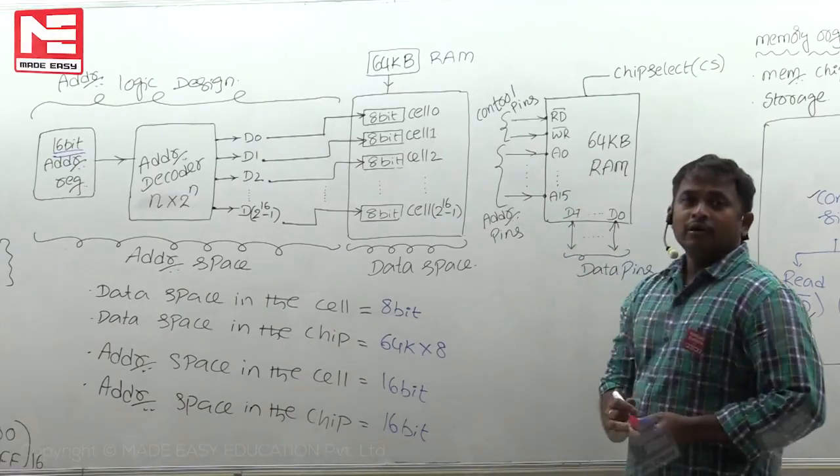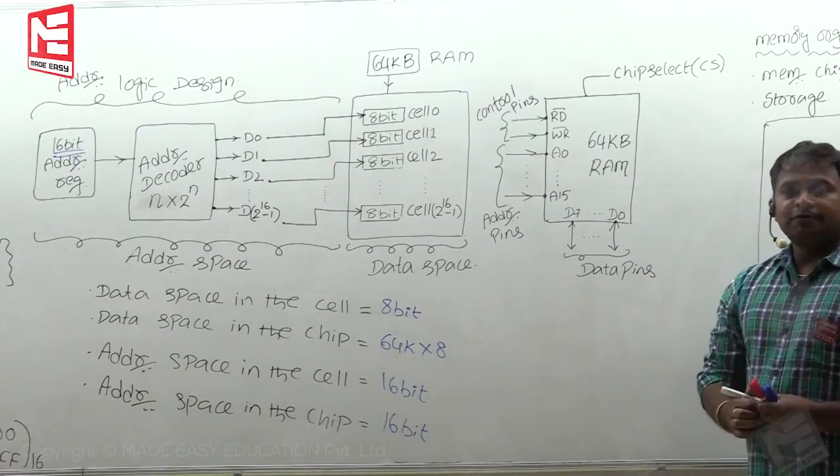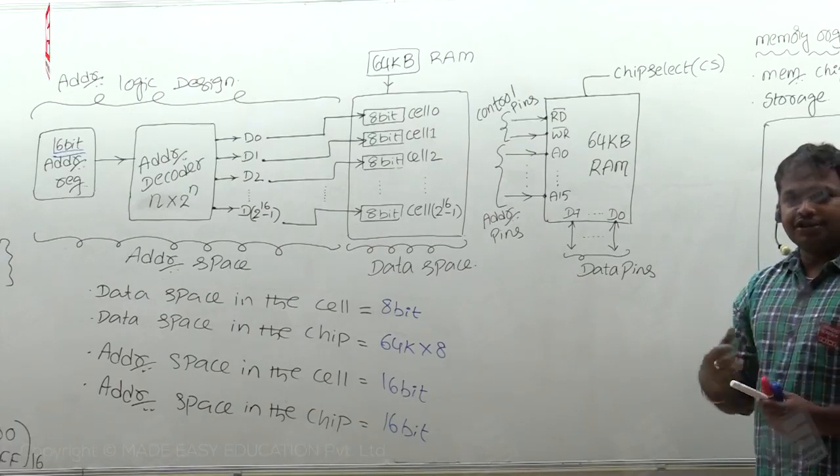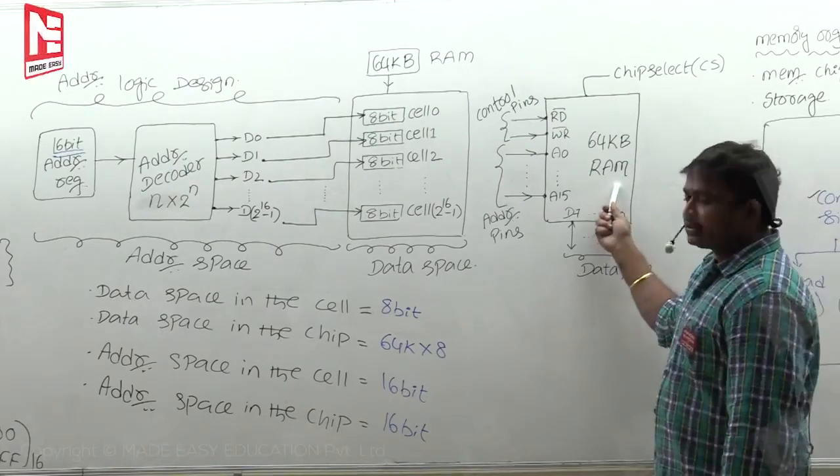Okay. Now, when we observe the 64 KB memory IC structure, it is looking like this.